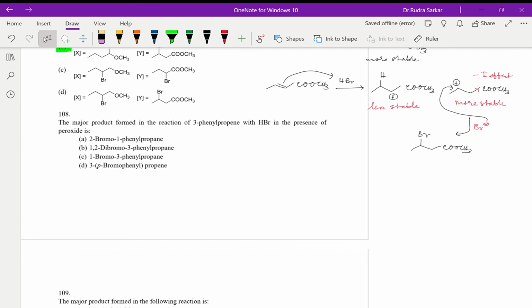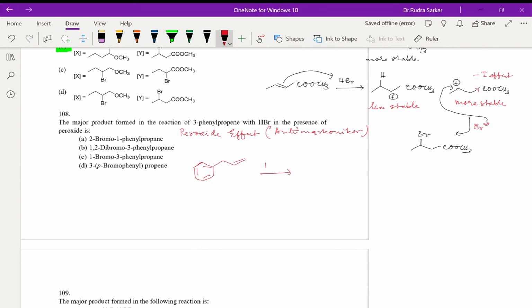Next, the 108 question given is the major product formed in the reaction of 3-phenyl propene with HBr in presence of peroxide. So this is basically a question from the peroxide effect, also known as the Kharasch effect, and the product over here is anti-Markovnikov. That being the case, the 3-phenyl propene means the compound is something like that.